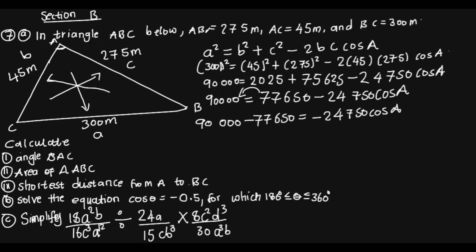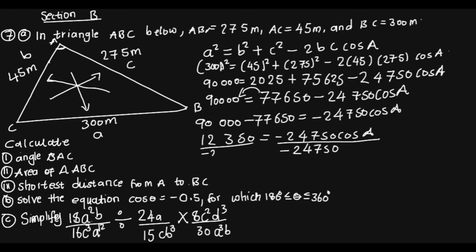So now we can do the math. 90,000 minus 77,650, here we'll get 12,350 is equal to negative 24,750 cos A. Now since we are solving for cos A, we can divide both sides by negative 24,750.